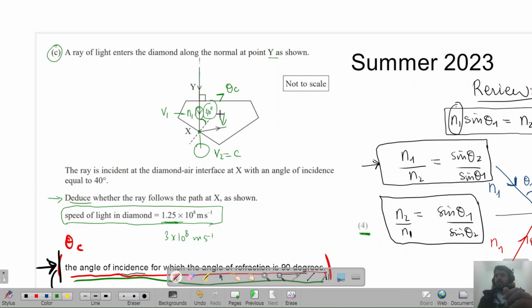And we argued that by definition, if the angle of incidence is greater than the critical angle, then total internal reflection will happen. So we saw that the critical angle for diamond, we just calculated it, was 25 degrees. And the angle of incidence is greater than the critical angle. That's why total internal reflection will happen, and this path of light is correct.